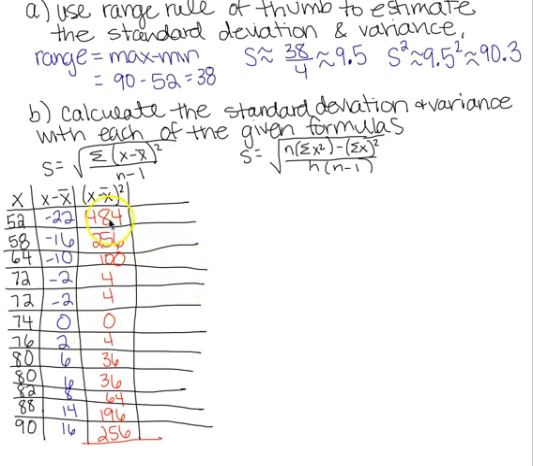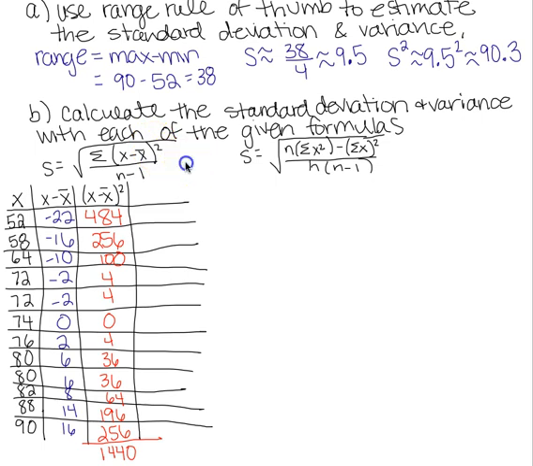So in your calculator, do 484 plus 256 plus 100 plus 4 plus 4 plus 4 plus 36 plus 36 plus 64 plus 196 plus 256. And that should give us our sum. I got 1,440. Hopefully that's what you got too.